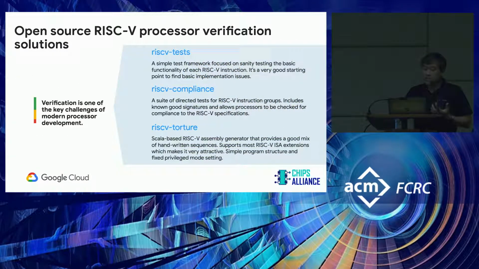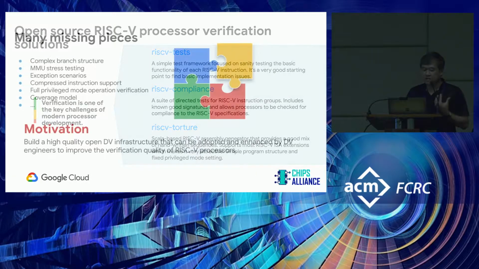And so, there have been some good open source RISC-V processor verification solutions, which is what we were looking at the time. Things like stress testing through torture, and there's a RISC-V compliance test that's available. But I think that's one of the differences between the academic view of verification and the industry view of verification: we think that you need to go a lot further than that.